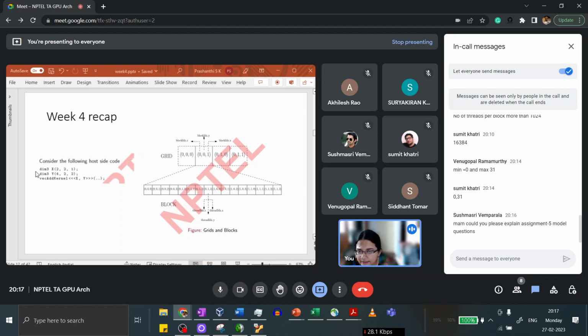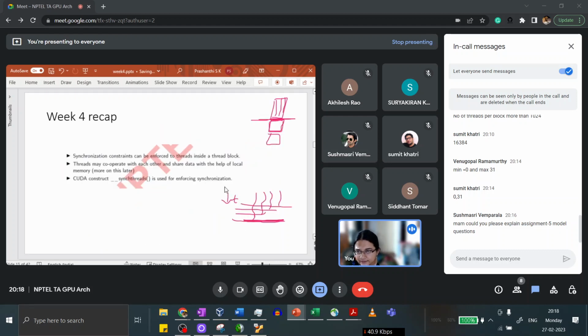Here are your launch parameters, and here are your block ID Z, Y, and X. Like we said, if you have 4 specified in the dimension, the value actually ranges from 0 to 3, which you can see here. This is X, and X would be the last element here. So if you see these values, it ranges from 0 to 3.